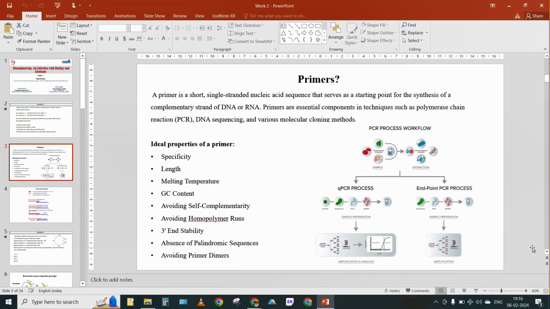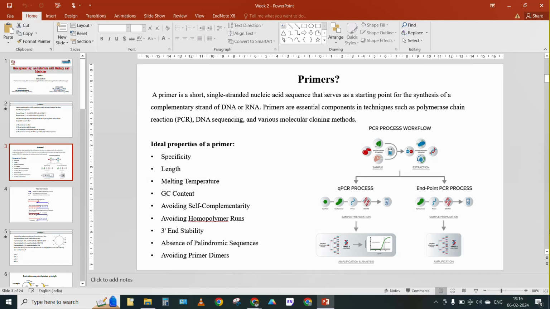What is a primer? A primer is a short single-stranded nucleic acid sequence that serves as a starting point for the synthesis of a complementary strand of DNA or RNA. Primers are essential components in techniques such as PCR, DNA sequencing, and various molecular cloning methods.